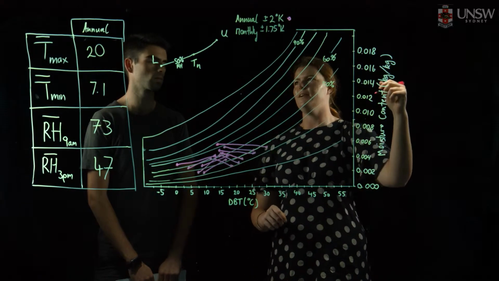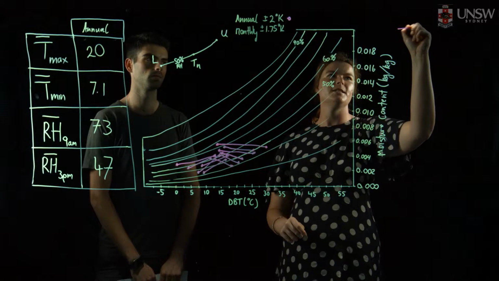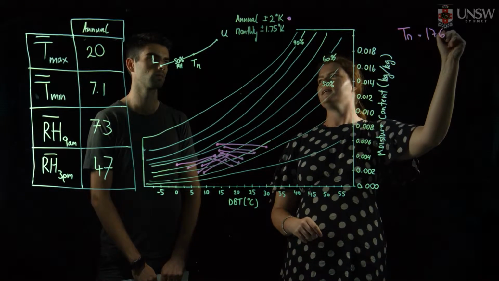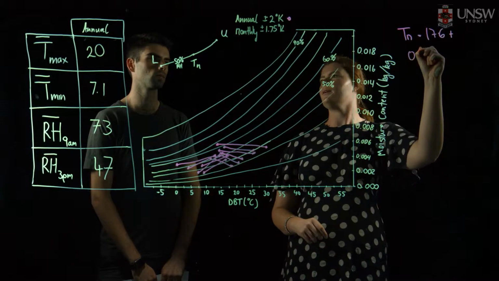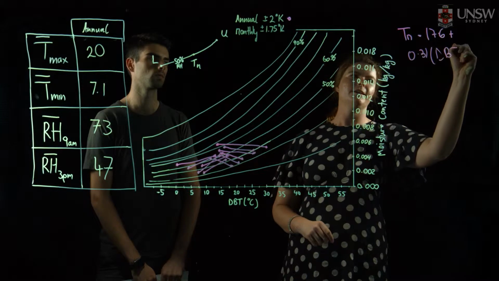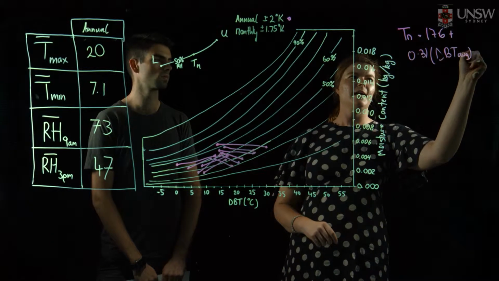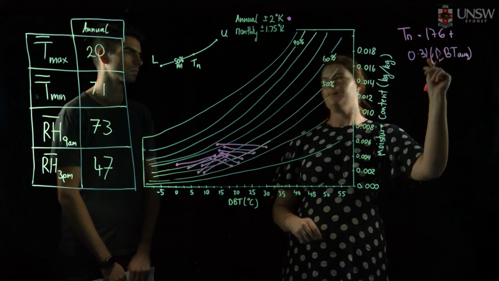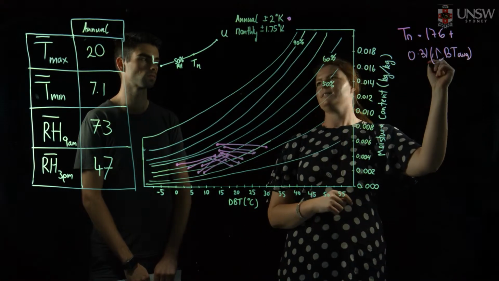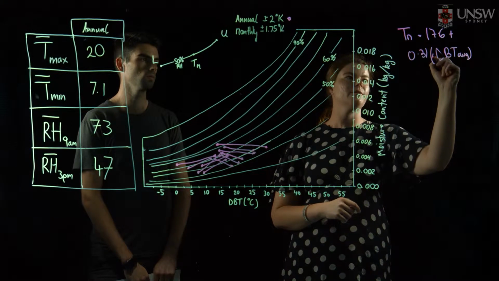So to find Tn, we use an empirical formula, which is given by Tn is equal to 17.6 plus 0.31 times the dBT average. And the dBT average, that comes from these two values here, which is Tmax minus Tmin divided by 2, which is the average.